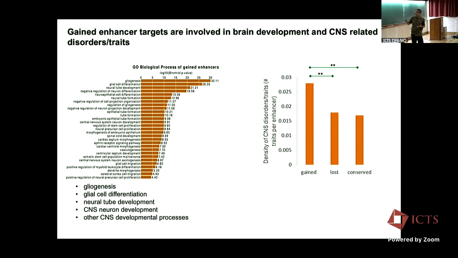The genes near them are enriched, well, we did a great analysis, for all these processes. And this is nice because this sort of maps to the things that are unique about human cognition, or brain development rather. At the flip of the coin, the central nervous system disorders GWAS signals are also enriched in these gained enhancers. Again, this is a two-edged sword, you know, a good and a bad with everything.